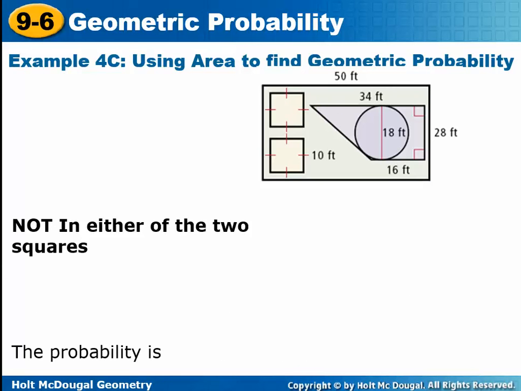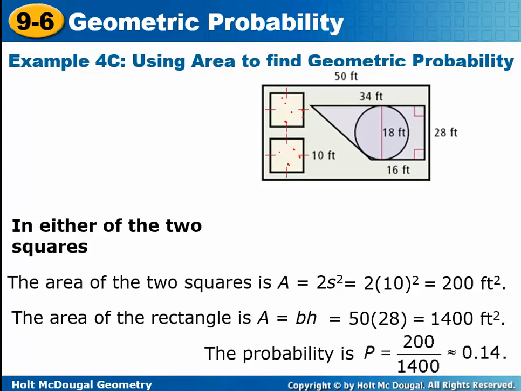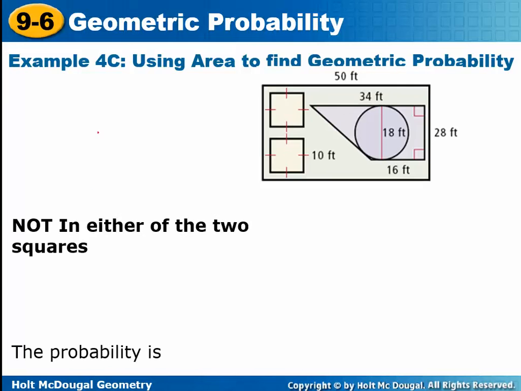Now what if we said not in either of the two squares? Well, we just found that the two squares is equal to 200 square feet. And we know that there's 1,400 square feet in the whole rectangle.